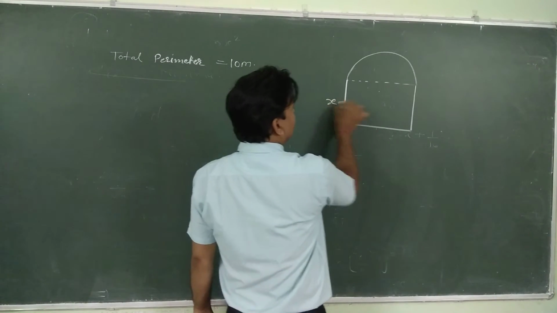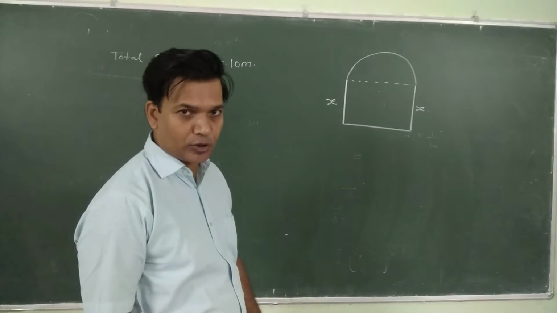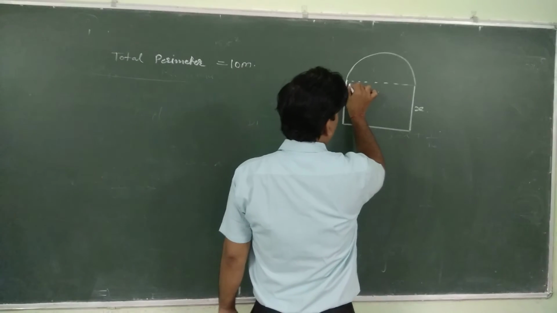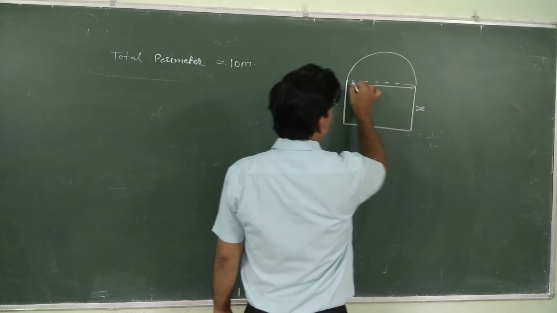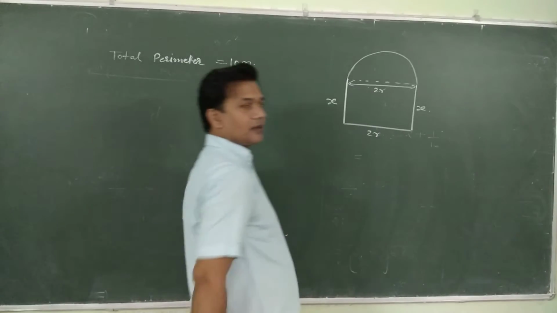Suppose the width or the breadth of this rectangular portion is x, and the diameter of this semicircular part is 2r. That's why the length is also 2r.